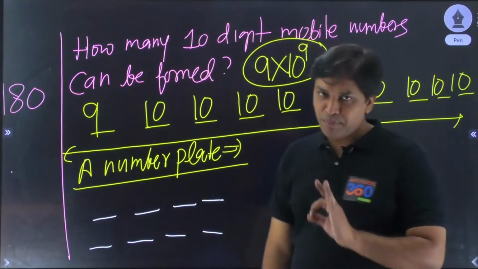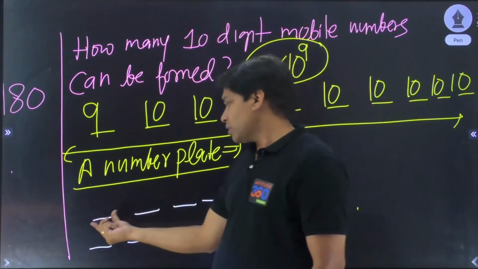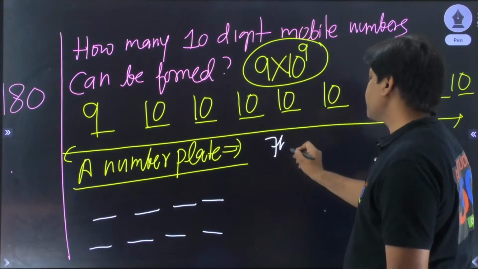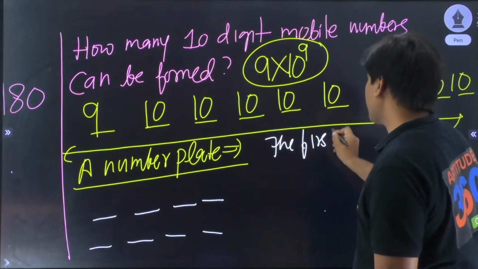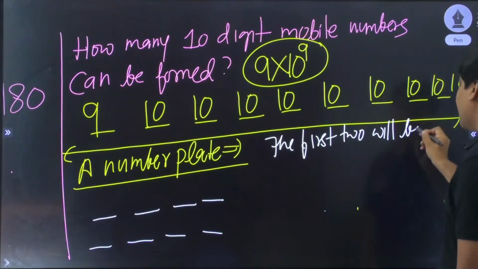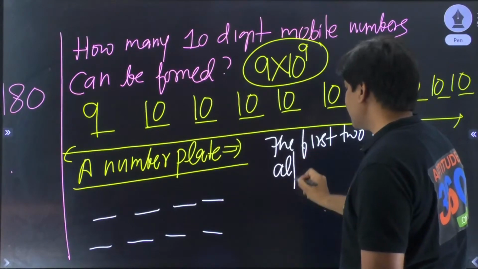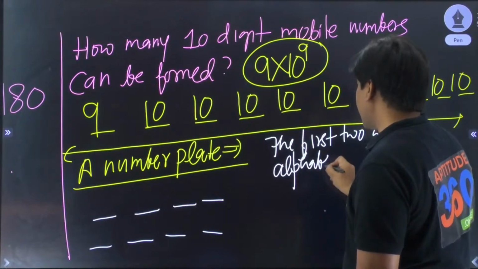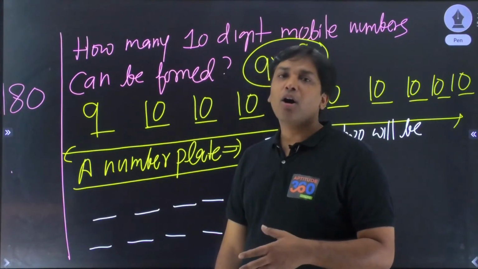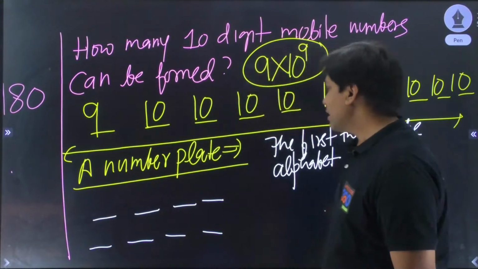It's a pretty simple one. The first two will be alphabets. That is how it is, isn't it? Something like CH or UP or DL, isn't it?